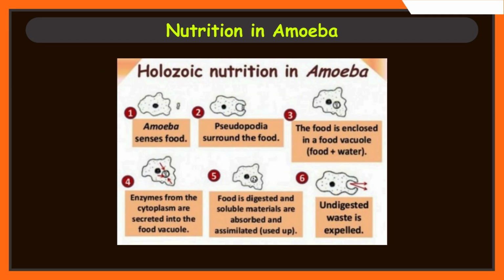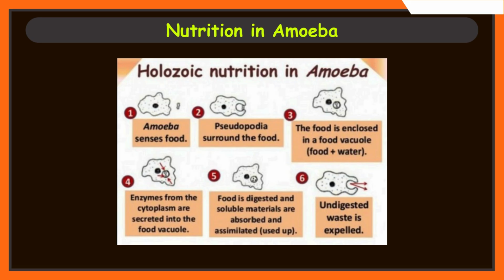Nutrition in amoeba is a holozoic process, meaning it involves ingestion, digestion, absorption, assimilation, and egestion. Amoeba captures its food, usually bacteria or small organisms, by extending its finger-like projections called pseudopodia around the food particle. This forms a food vacuole where digestive enzymes are secreted to break down the food into simpler, soluble substances.